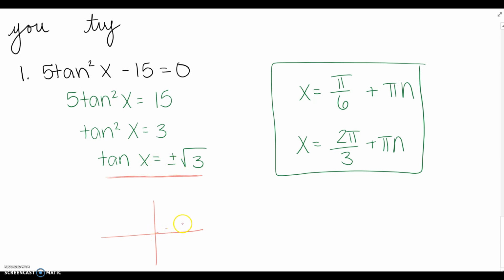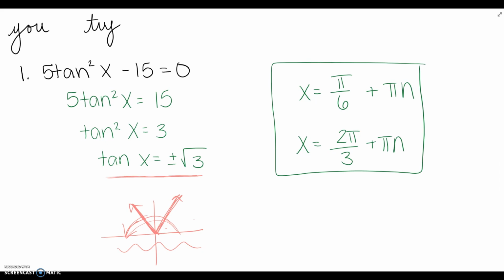So hopefully you're thinking of pi over 6 and then 2 pi over 3. And because it's tangent, it's only got a period of pi, so we don't need to mention any of these other ones.